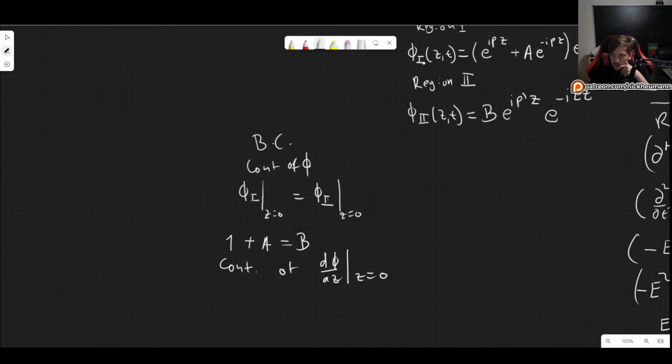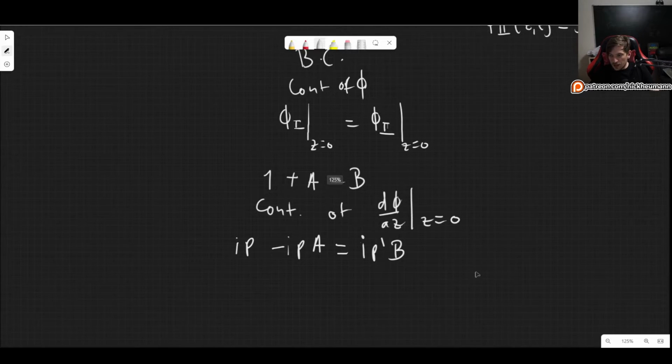From phi 1, we have ip times e to the ipz evaluated at 0, so that is 1, no need to write it down, minus ipa times the exponent, which will go to 1. And this has to be equal to ip prime times b. Just double checking that the signs are correct. I believe they are.